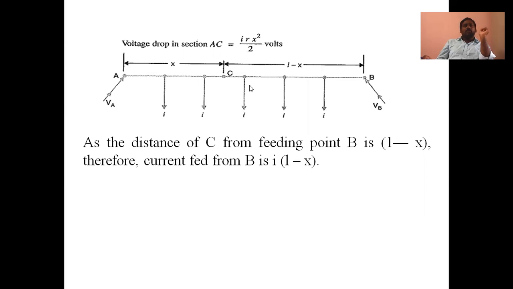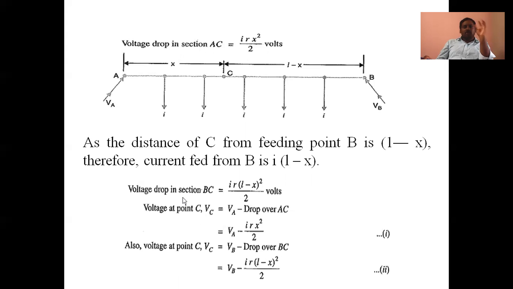See here. Voltage drop in each section: at the distance of C from feeding point B is L minus X. Therefore, current fed by B is I into (L minus X) as usual. So then the voltage drop in section BC is from this unequal. That's why we will compulsorily consider this common point analysis.